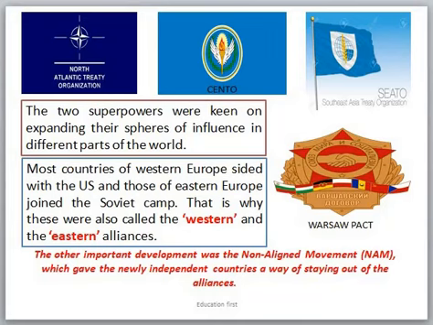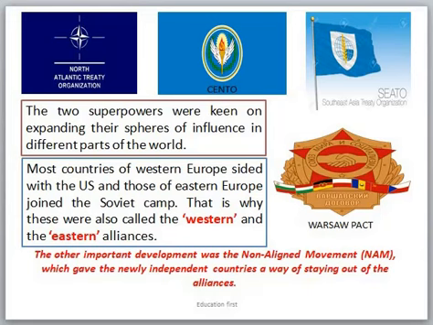After the end of the Second World War, the two superpowers were keen on expanding their spheres of influence in different parts of the world. Most countries of Western Europe sided with the US, and those of Eastern Europe joined the Soviet camp.